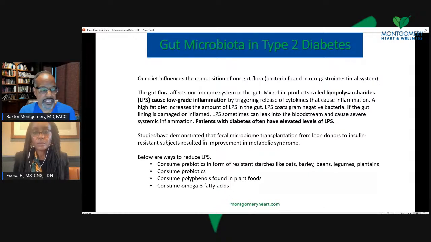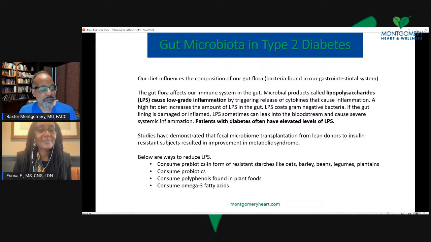Now, they've done studies demonstrating fecal microbiome transplantation from lean donors to insulin-resistant subjects, resulting in improvement in metabolic syndrome. So it's sort of the fat diabetics taking stool from the skinny folks and getting better from it. But anyway, below are different ways to reduce lipopolysaccharides.